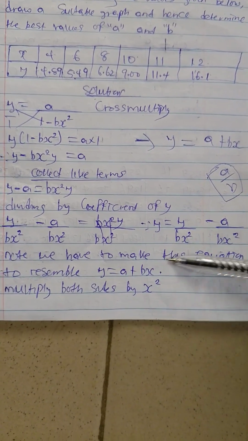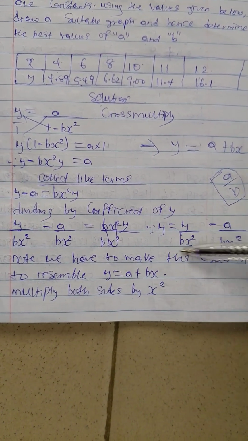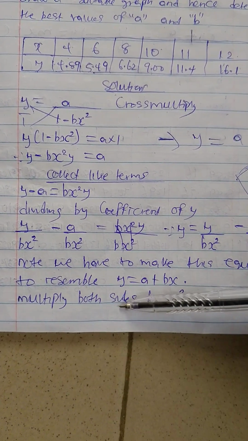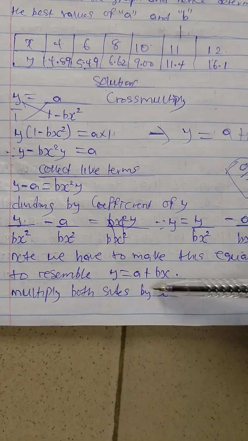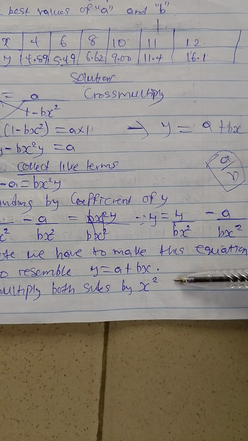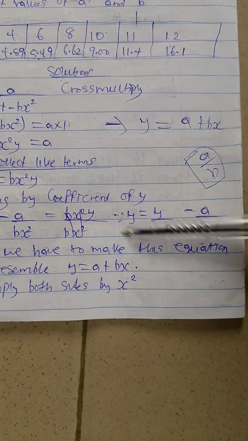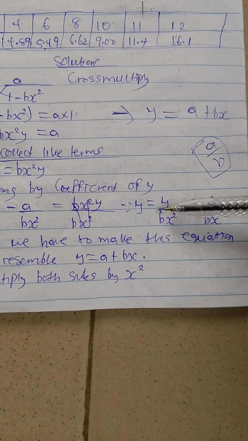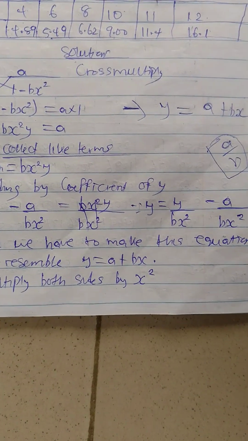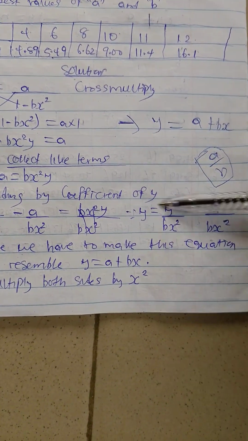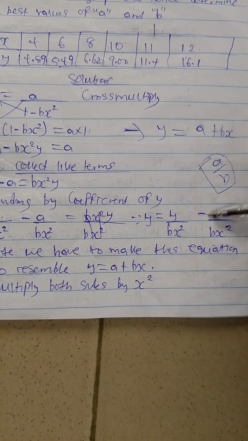So what to do now? Note we have to make this equation resemble y equals a plus bx. So you have to multiply both sides by x squared. Our main consideration is to make this equation resemble this.